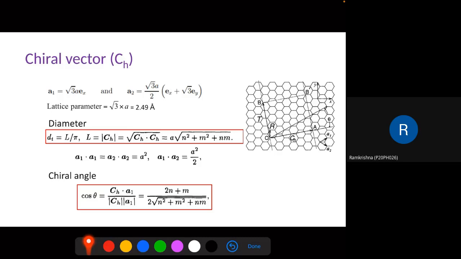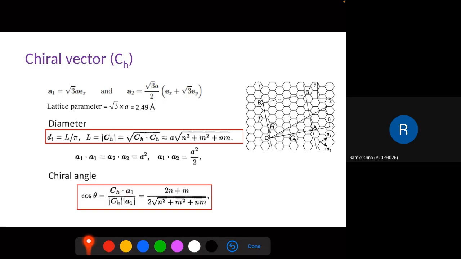Okay. Another parameter which is typically also calculated is the chiral angle. This angle is basically the angle between your OA, the chiral vector, and the a1 vector. So what is the projection of this OA on the a1 axis? That is how you can calculate the angle theta.